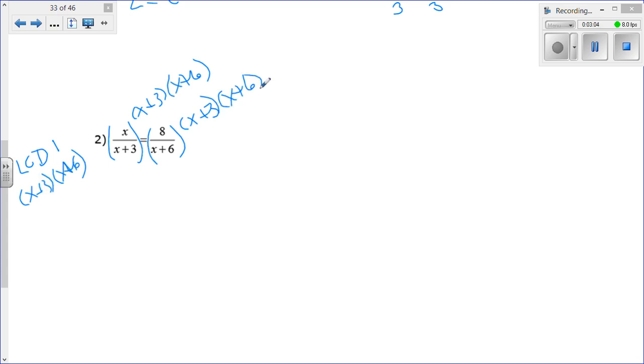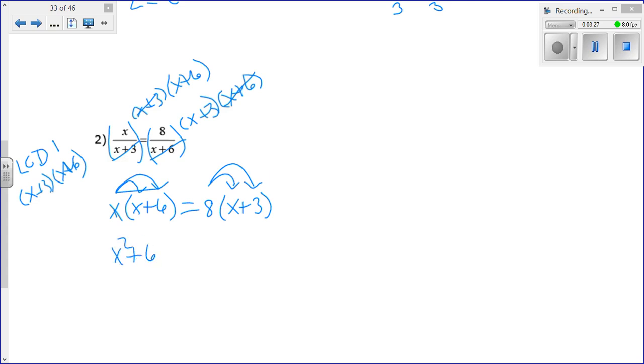In my first fraction, the x plus 3's go away, and I'm left with x times x plus 6 equals, in the second fraction, the x plus 6's go, and I'm left with 8 times x plus 3. So I need to distribute, and I will have x squared plus 6x equals 8x plus 24.